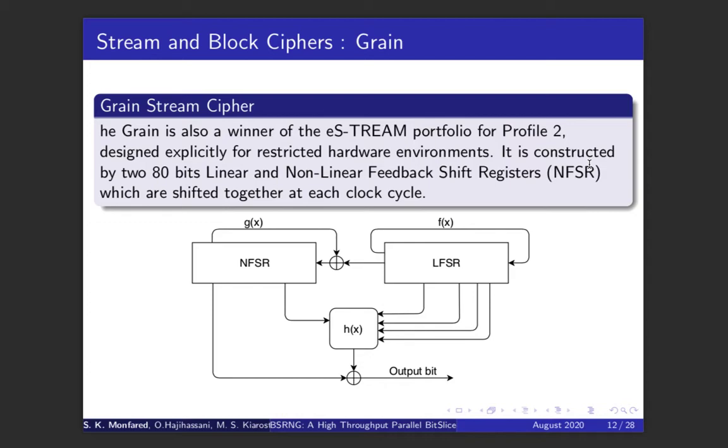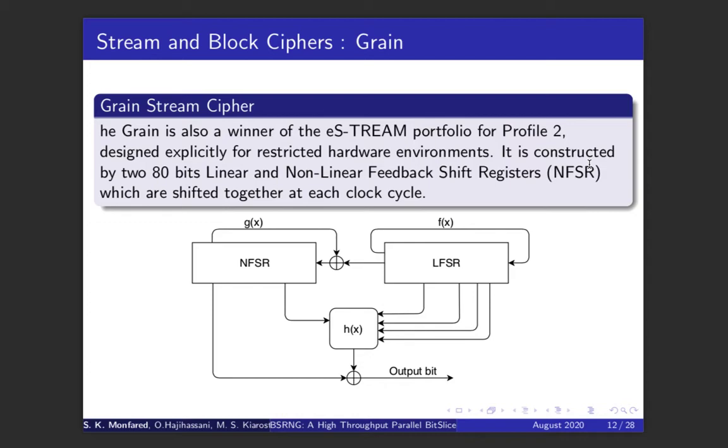And the third algorithm that we have been developing in this work is the Grain algorithm, a stream cipher. It's the winner of the eSTREAM competition in Profile 2, and it is designed explicitly for restricted hardware environments. So it has a really simple hardware architecture.